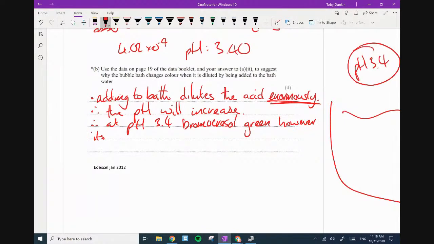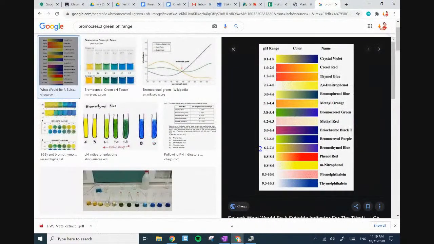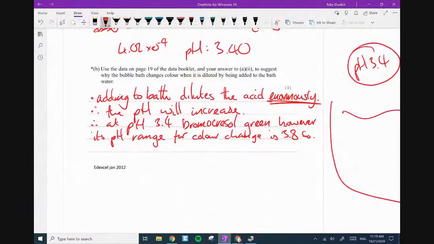However, its pH range for color change is 3.8 to 5.4.